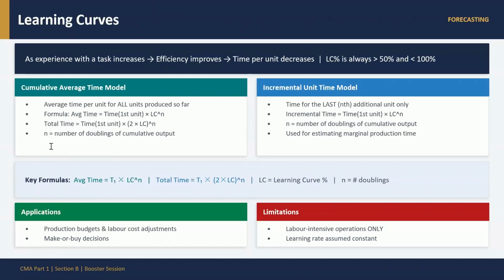Okay, guys, now assume we are taking the doublings from 1 to 2 units. So next it will be 2 plus 2, 4 units. The next doubling will be 4 plus 4, 8 units. So how many doublings are involved in this calculation? All of you type in your answers in the chat box. How many doublings are there?